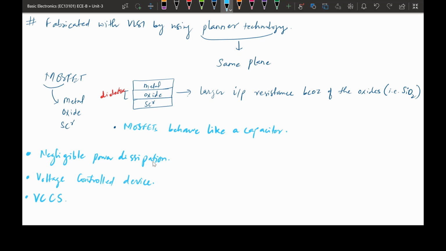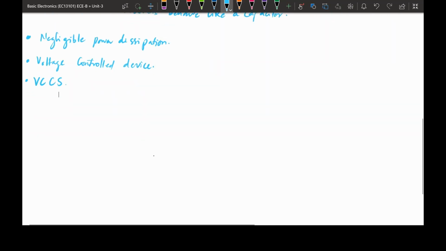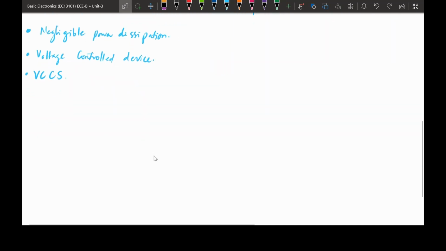MOSFET is a voltage controlled current source. Similar to JFET, it is also a symmetrical device. Symmetrical device means it has four terminals.